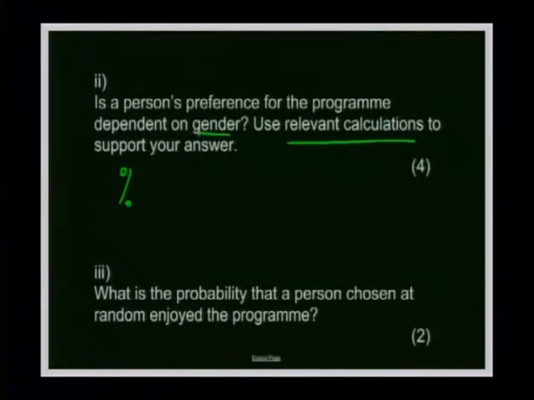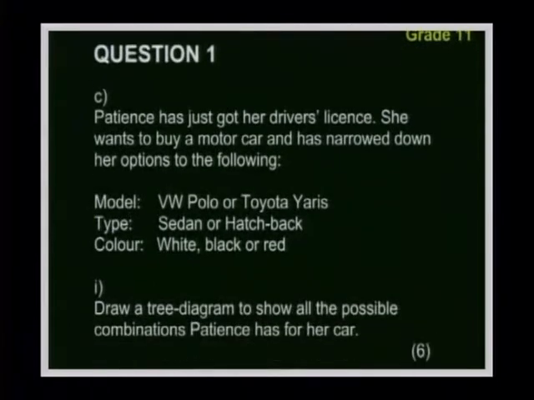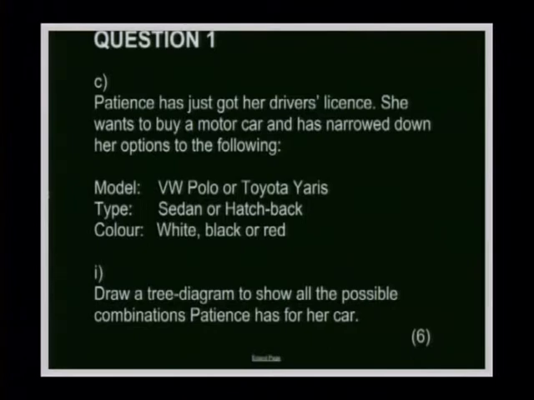The next question. Patience has just got her driver's license. She wants to buy a motor car and has narrowed down her options to the following. She's got the model, she can have a VW Polo or a Toyota Yaris. The type of car, she can get a sedan or a hatchback. And the color, she can have white, black, or red.